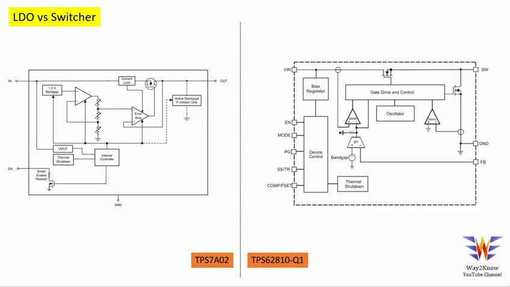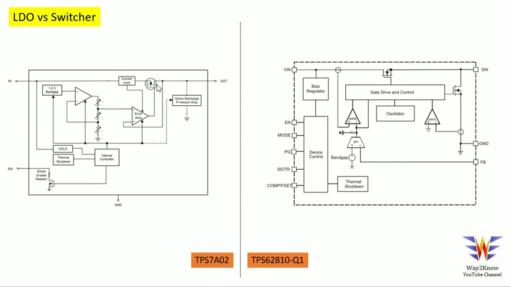Now moving to the next slide, from the same power supply devices, on the left is the LDO, on the right is the switcher again. The same devices, TPS7802 and TPS62810. If you see the left device, you can see that there is only one pass element, and the output is taken back as feedback and provided to the error amplifier internally at the positive terminal, and then the correction is made to the pass element.